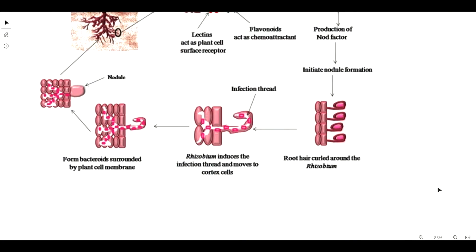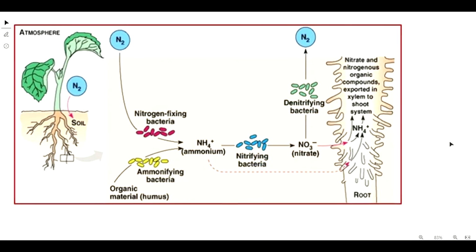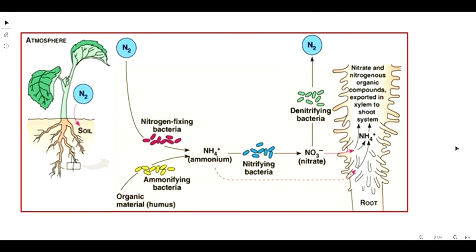In nitrogen fixation, the Rhizobia bypass the plant defense system by producing antioxidants against the oxidative burst.